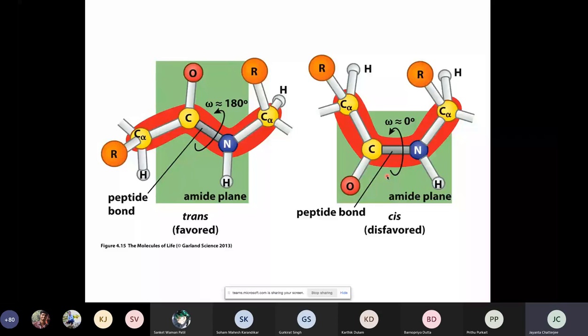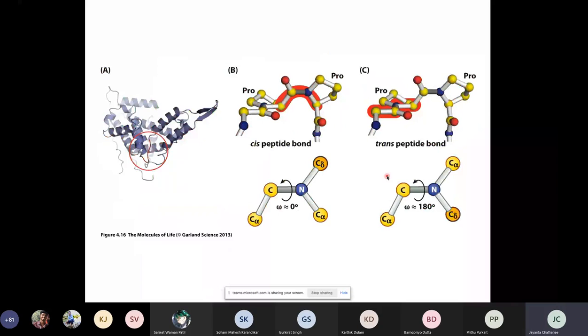But in a polypeptide chain you will mostly come across the trans bond because energetically it is more favored than the cis conformation. Now there are amino acids which have a higher propensity to occur in a cis conformation than other amino acids, and that is proline.